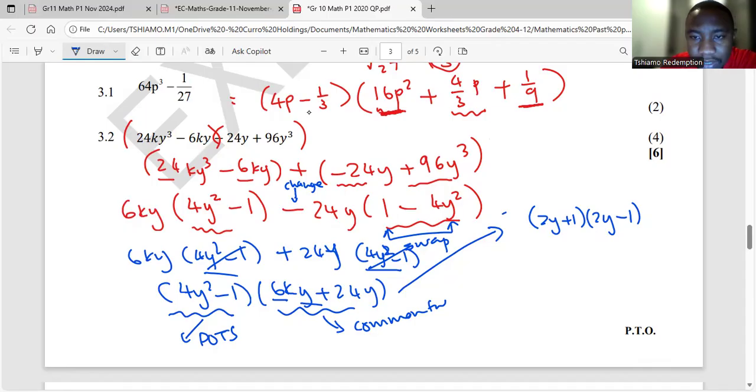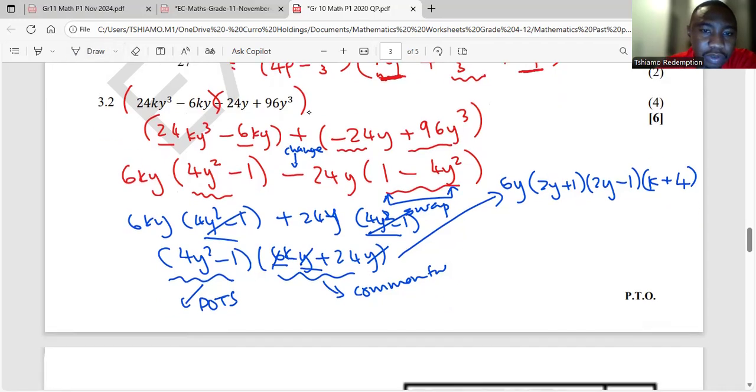If I take out 6y, what am I left with? k, and then here, the y is out, then I'm left with 4. Okay, now this should be fully factorized.